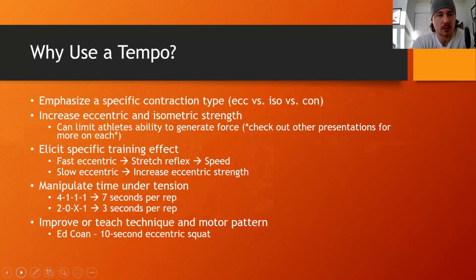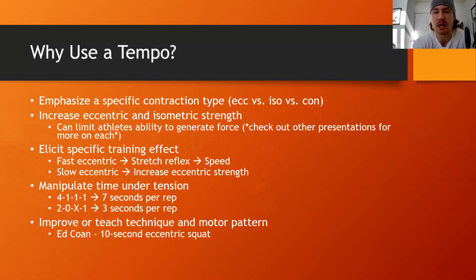So now, why use a tempo? Tempos are a great way to emphasize a specific contraction. I'm going to talk a little bit more about each contraction in future videos, but by prescribing a tempo, you're letting your athlete or fellow coaches know that we're targeting eccentric strength, or we're targeting isometric in the stretch position.